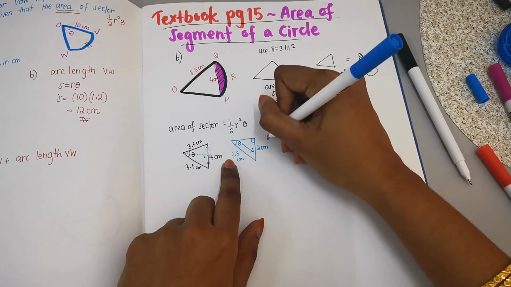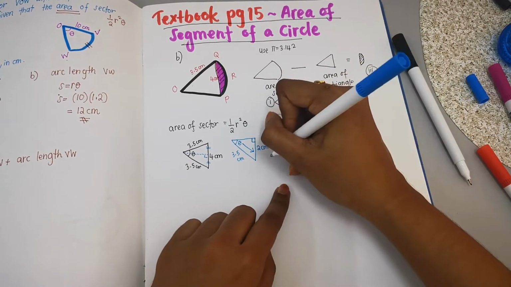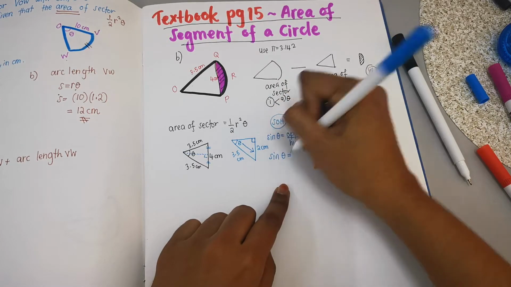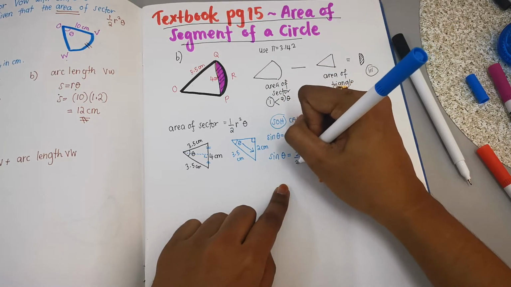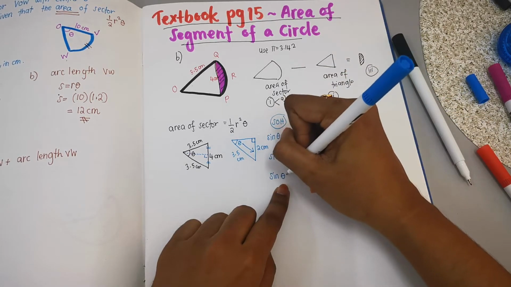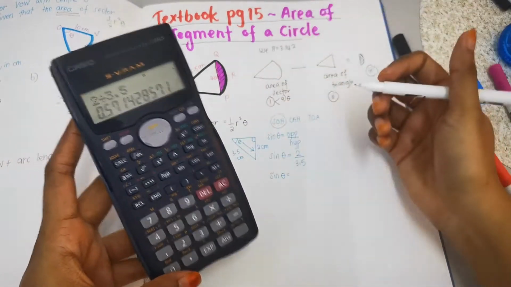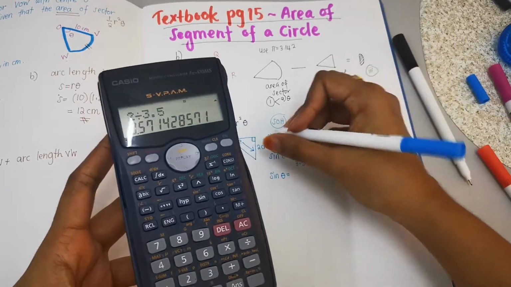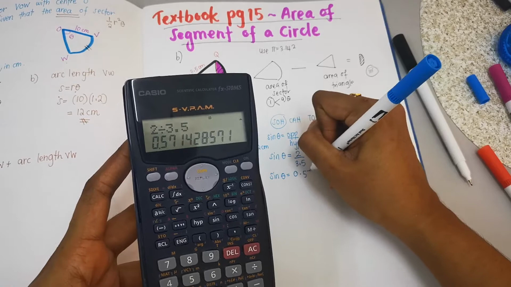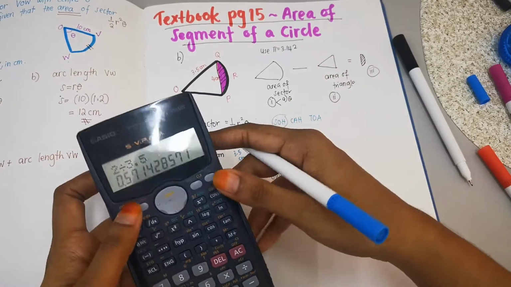So sine theta equals opposite over hypotenuse, and from here we can find theta. Opposite is 2, hypotenuse is 3.5, so sine theta is 2 divided by 3.5. We get 0.571, let's take 0.57143.